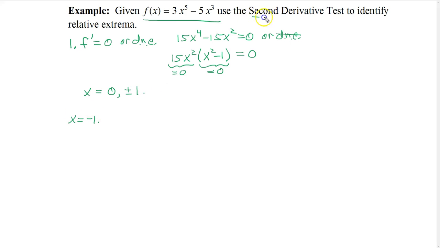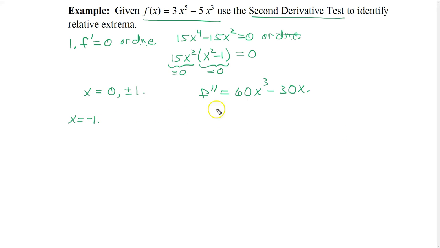now we're going to use the second derivative test, so we need to take the second derivative of our function. So let's put that over here. Let's note that f double prime. So that's going to be 60x cubed minus 30x.